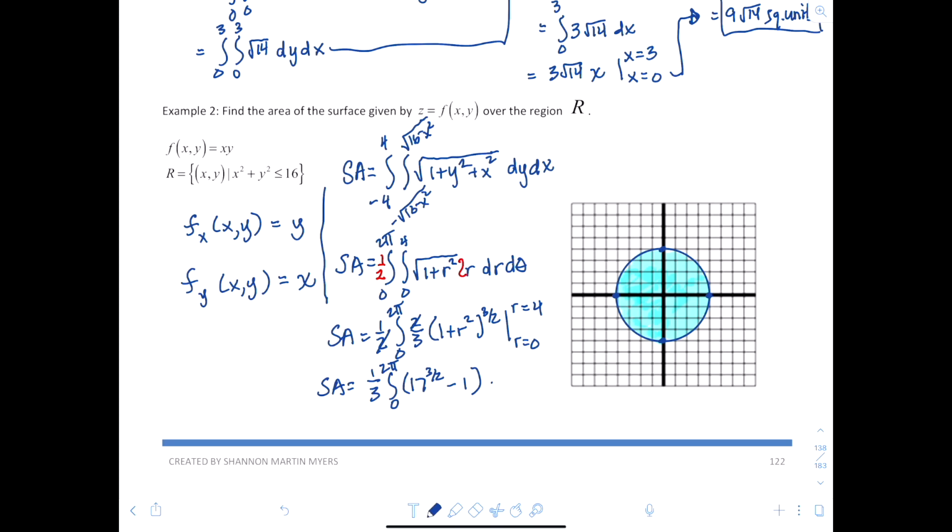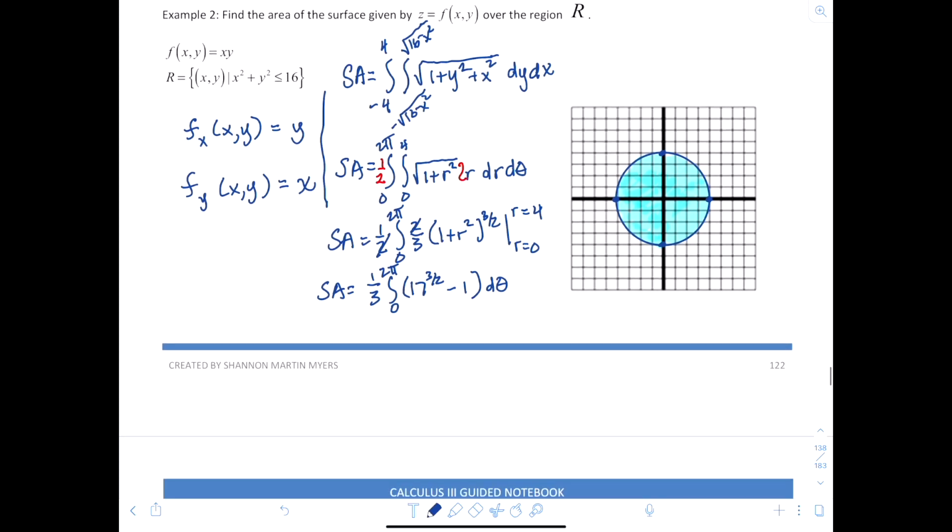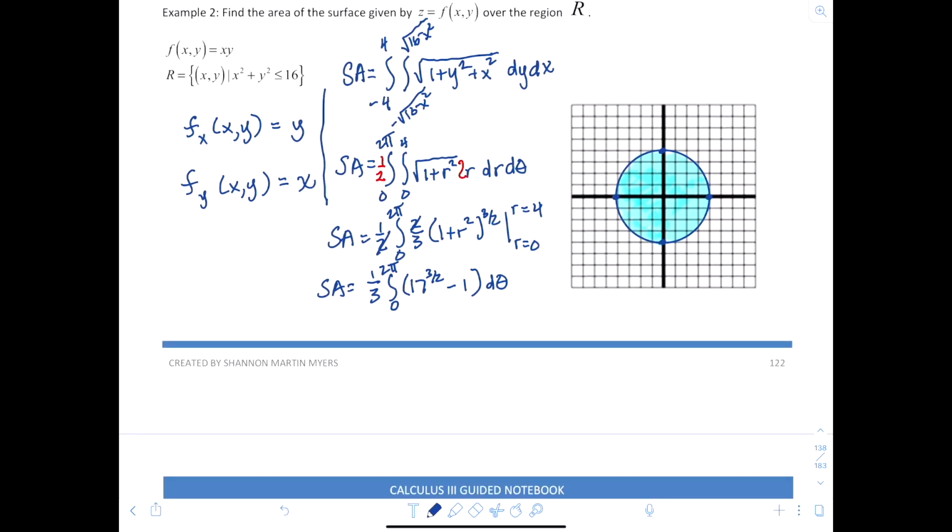And then I'm still integrating with respect to theta. And don't worry if it's an ugly number, that's okay, it happens sometimes. So now my surface area shall be 1/3 times all of this, which is just a constant, 17 to the 3/2 minus 1, times theta, from theta is 0 to theta is 2 pi.